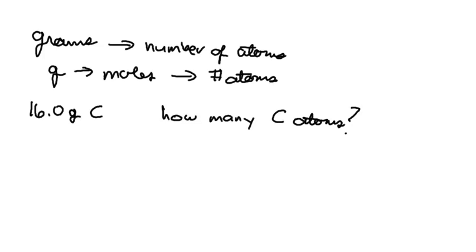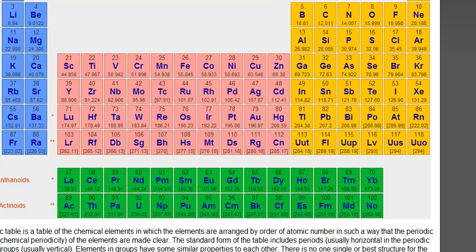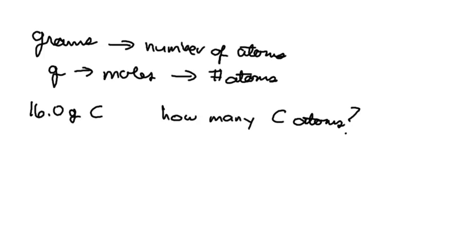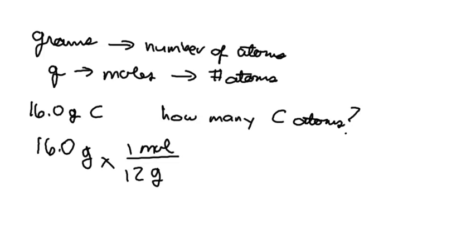So to get from grams to moles, I have to know the molecular weight of carbon. So you look that up on the periodic table. Here's carbon. Its mass is 12. So to go from grams to moles, I have 16.0 grams of carbon times, in 1 mole of carbon, there are 12 grams.